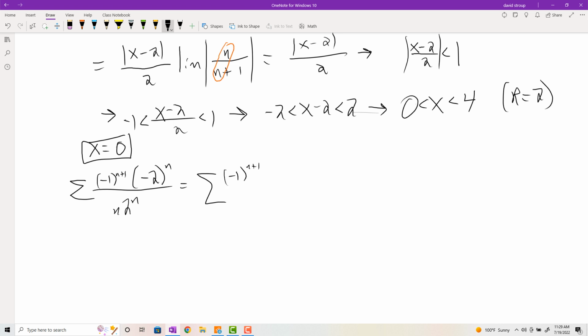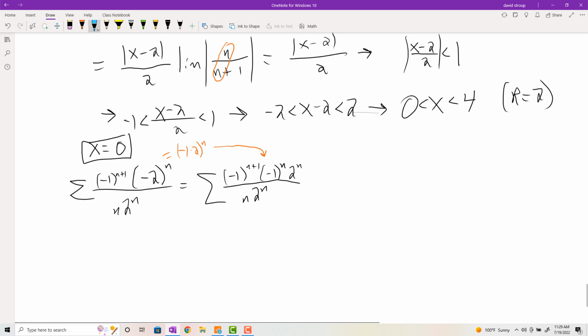I can split the negative out of that (-2)^n, right? So, long story short, (-2)^n is (-1)^n times 2^n, and that'll be all over n times 2^n. There's a nice little cancellation.